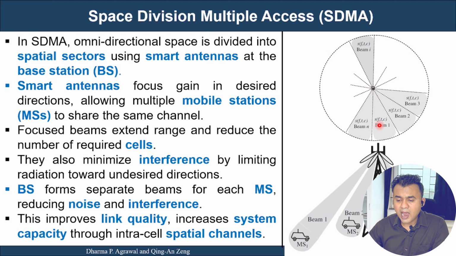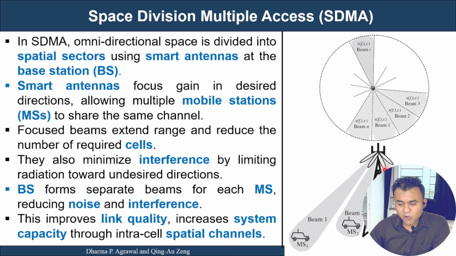I use that space in a particular direction to allocate a particular beam for space separation. So let's say beam 1 is allotted to MS1, beam 2 is allotted to MS2, and so on. The smart antennas focus gain in a particular desired direction, allowing multiple mobile stations to share the same channel, right?